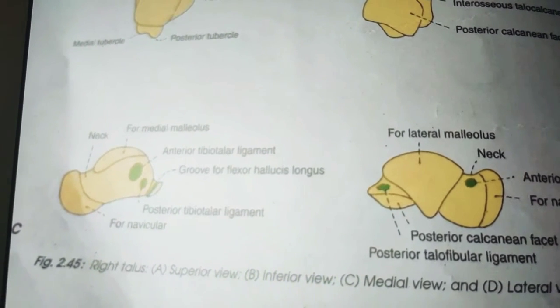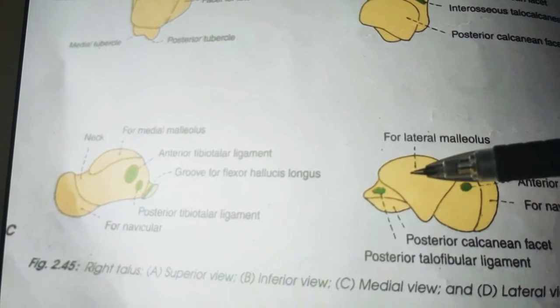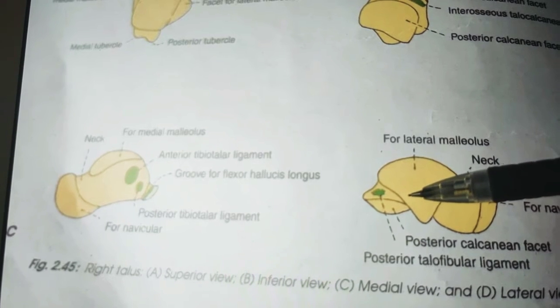Next, coming to the posterior surface, you can see this posterior surface is small and marked by an oblique groove, and the groove is bounded by medial and lateral tubercles.